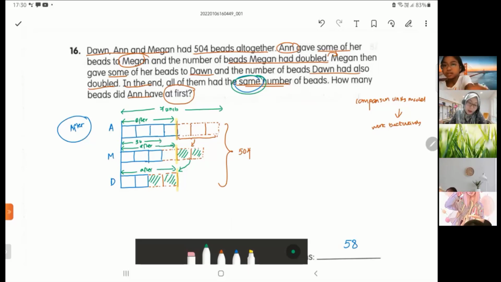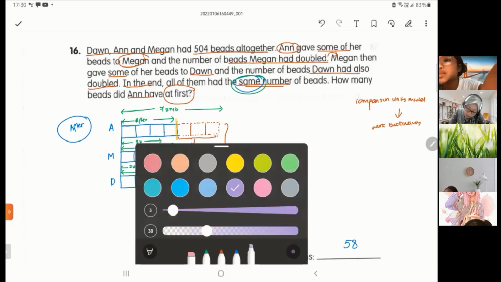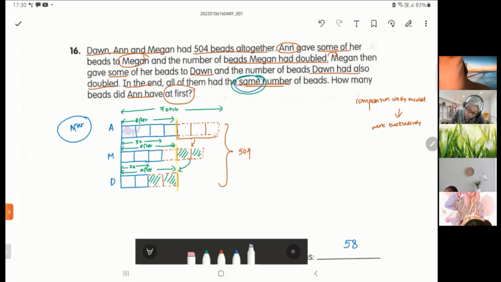Then Dawn has a total of 2 units at first. Can you see? The one at first is the one I'm going to highlight in purple. 1, 2, 3, 4, 5, 6, 7.